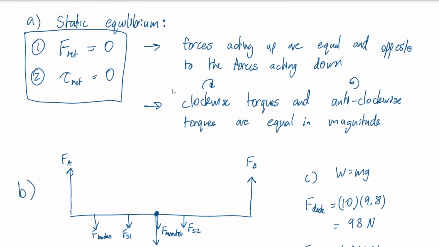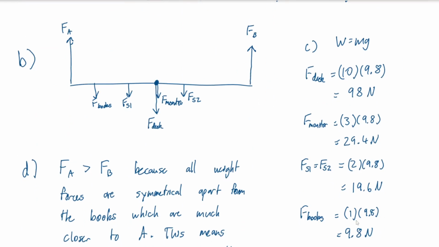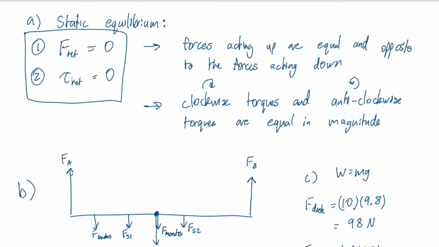To make use of the net force, we need the magnitudes, which we've worked out for the weight forces. To make use of torque, you'll know in your formula book that torque is force times a distance. So we need to label our distances. Let's do that first.